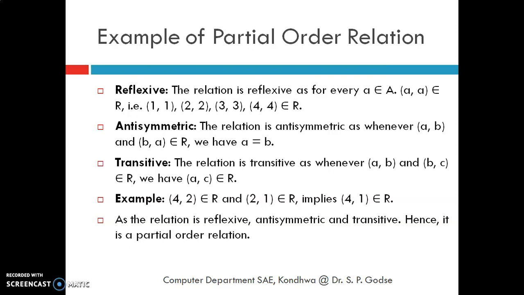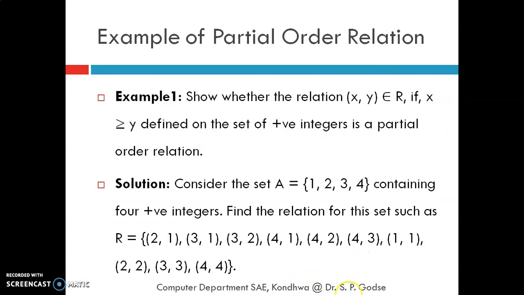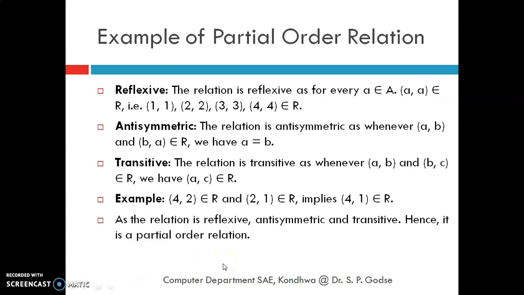First, reflexive. The relation is reflexive as for every A belonging to A, (A, A) belongs to R. That is (1,1), (2,2), (3,3) and (4,4) belong to R. You can see here these four pairs are present, so it is reflexive. Second property, that is antisymmetric.